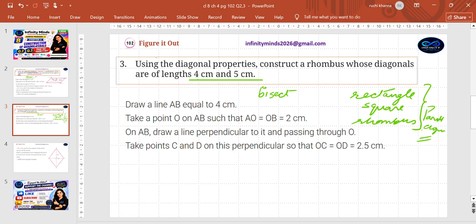And in a parallelogram, if diagonals bisect, obviously it's going to bisect in each one of them. The difference lies in the equality of the diagonals, which ones have equal diagonals and which don't. For all these properties, do visit and watch the first video again, because it is essential for you to remember the properties.